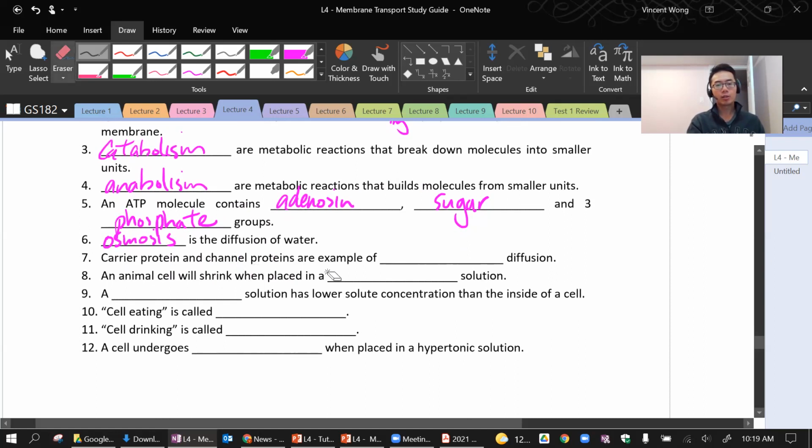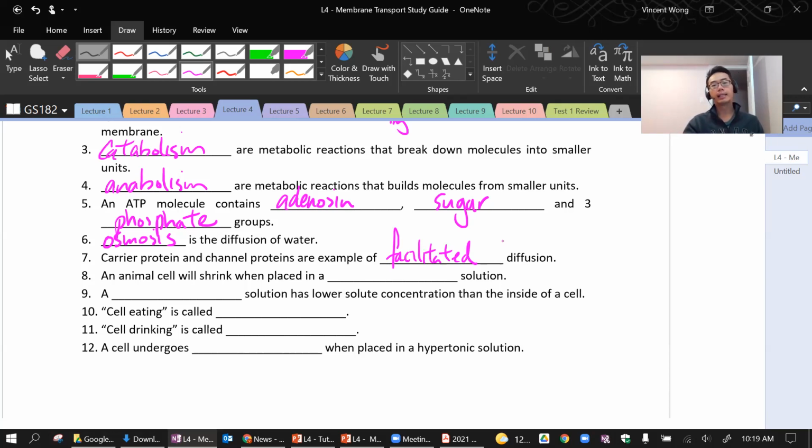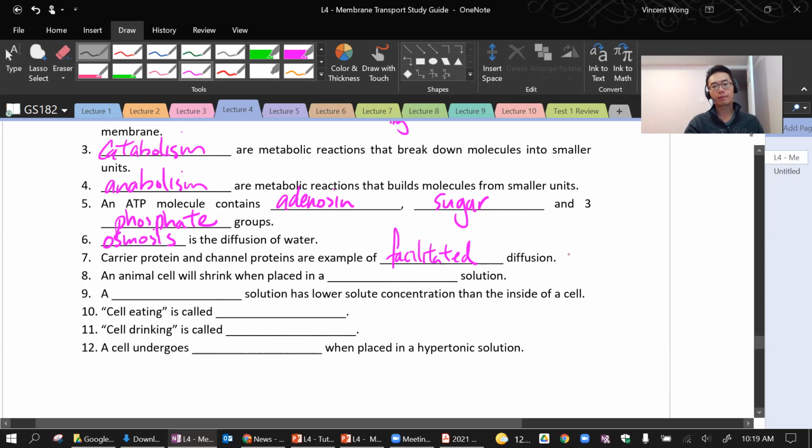Carrier proteins and channel proteins are examples of facilitated diffusion. So these are diffusion that involves the help of a protein, an integral protein usually, and it does not require energy. So no ATP requirement, no ATP needed.